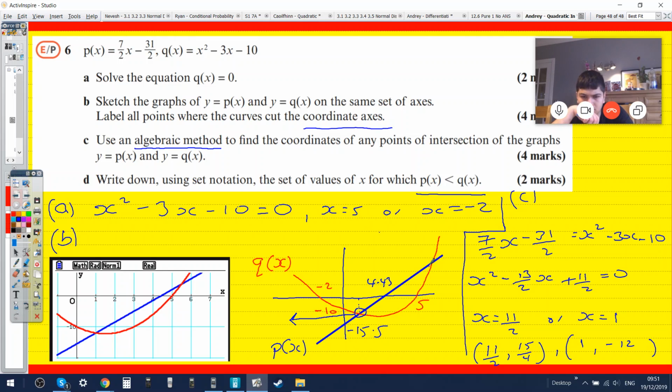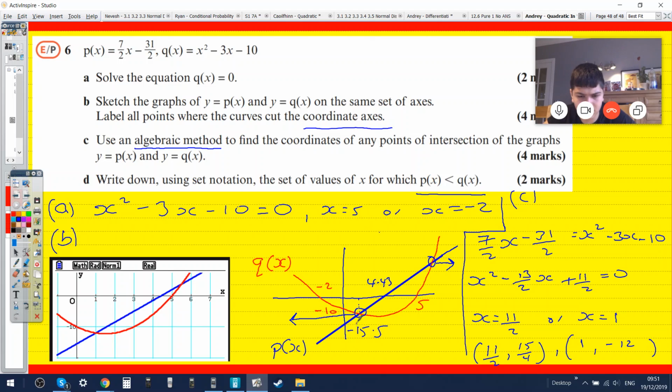And so where else is p of x less than q of x? Will it be going left again from there? It'll be going right like that. So if we continue on, here the blue line is less than the red curve. And how would you describe this one? Do you want to say the coordinate here?